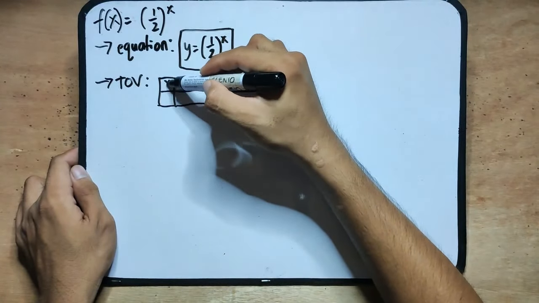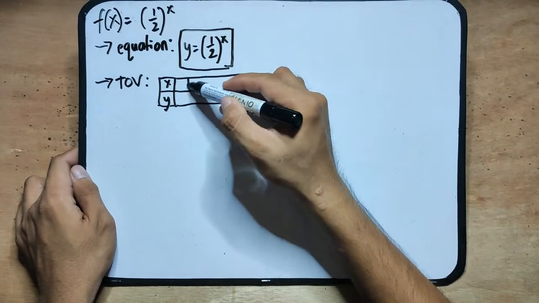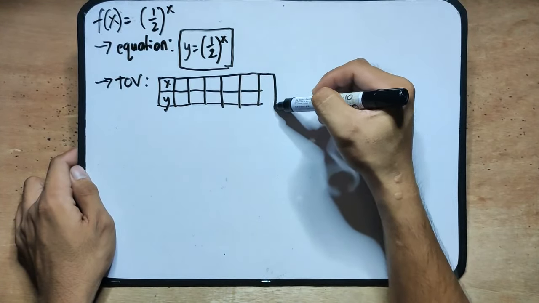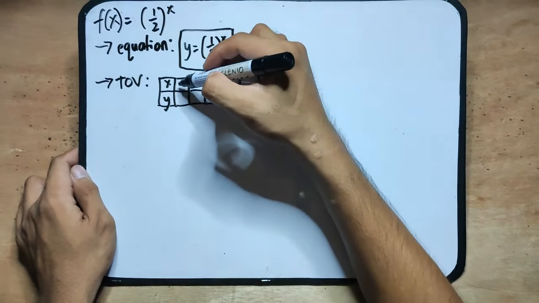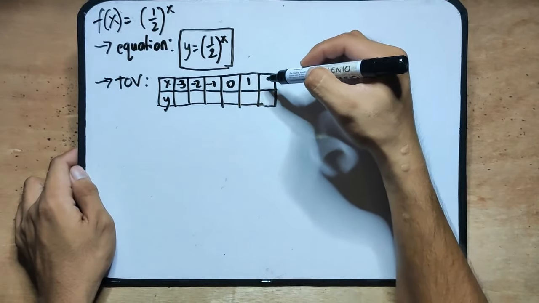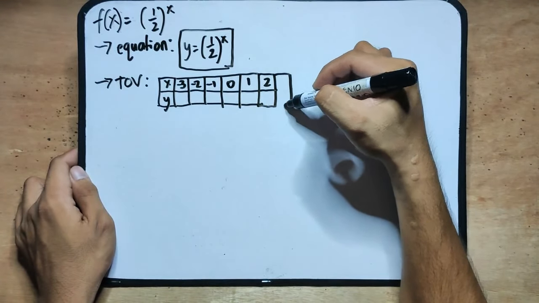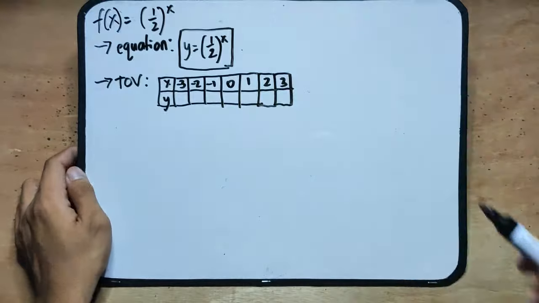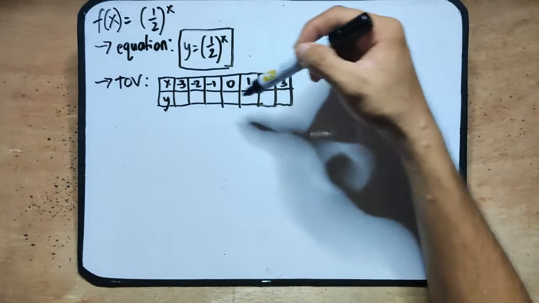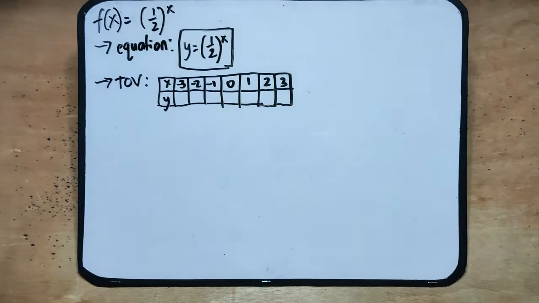So we just use the same x values that we used in the previous example. Negative 3, negative 2, negative 1, 0, 1, 2, and we have 3. So para ma-obtain yung y values, isa-substitute natin yung mga numbers na nandito sa taas doon sa ating variable x.